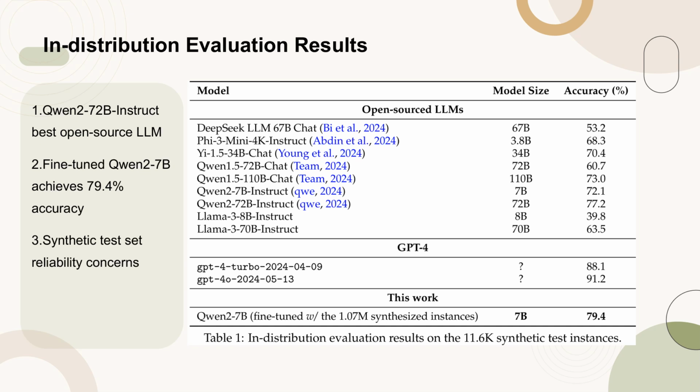Notably, the Qwen2-7b model, fine-tuned with 1.07m synthetic math problems, achieves nearly 80% accuracy, surpassing all other open-source LLMs. However, due to potential reliability issues with the synthetic test set answers and the unique use of in-distribution training data by our model, these results should be interpreted with caution.